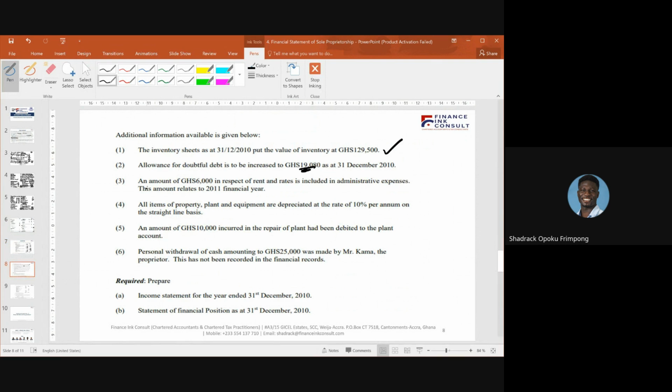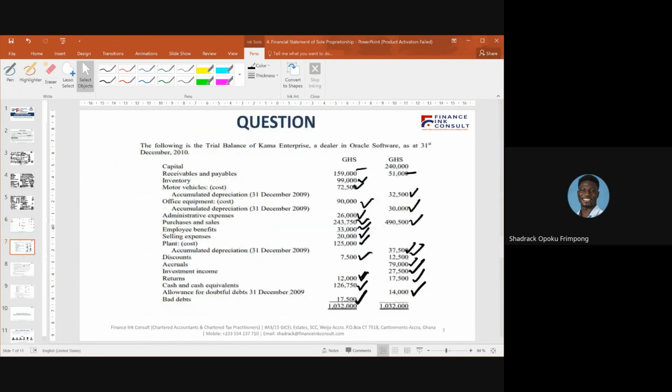An amount of 6,000 in respect of rent and rate is included in administrative expense. This amount relates to what? 2011. So if you look at your trial balance here, administrative expense, 26,000.